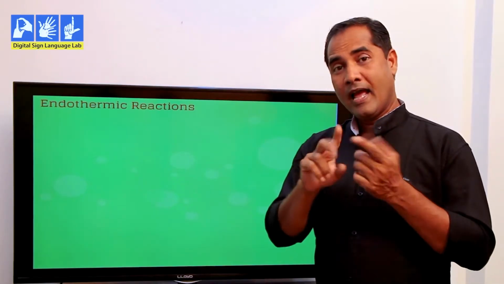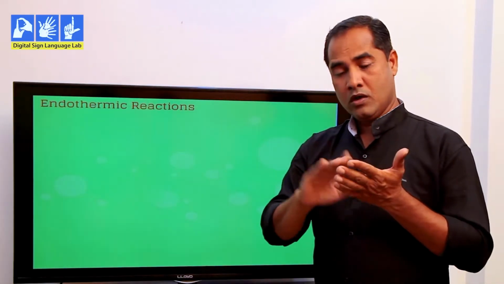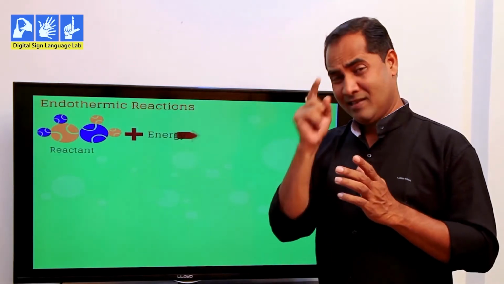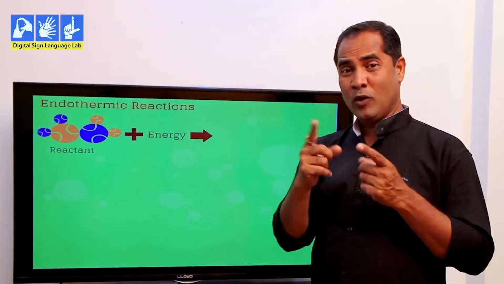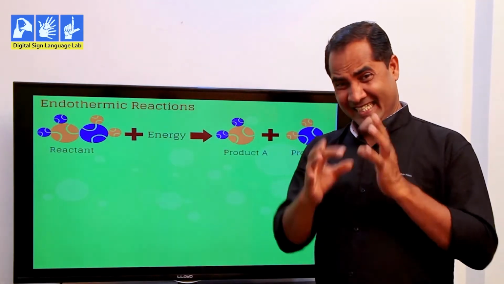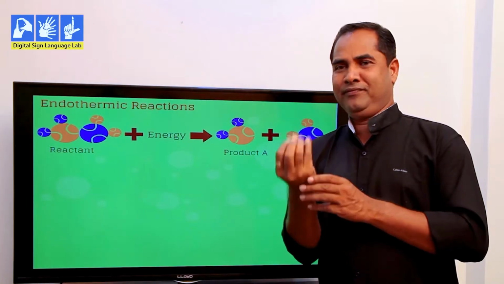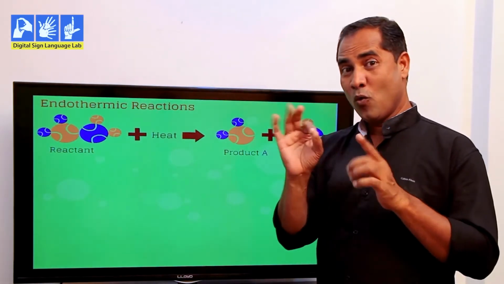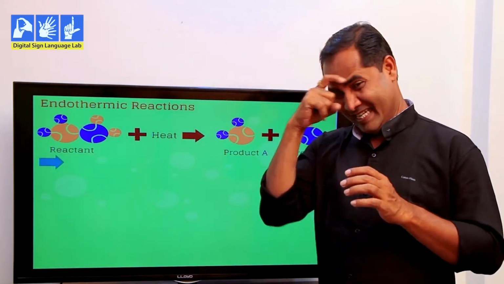Next, we would see what endothermic reaction is. Do you remember earlier we have discussed exothermic reactions, where heat was released? So endothermic reaction is just the opposite. Endo means inside.